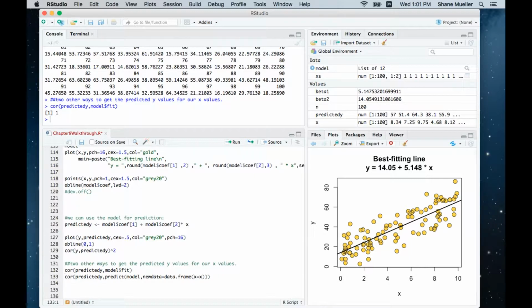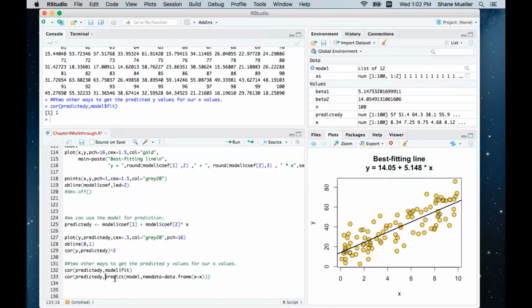But let's say you want to make a prediction about data that you don't have. Like maybe I want to know what the value is here, and there's no data. Or what would it be for 5.5? I could use the predict function.